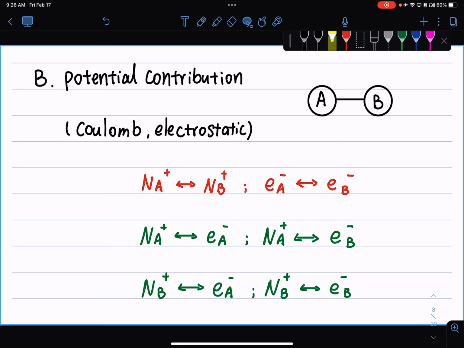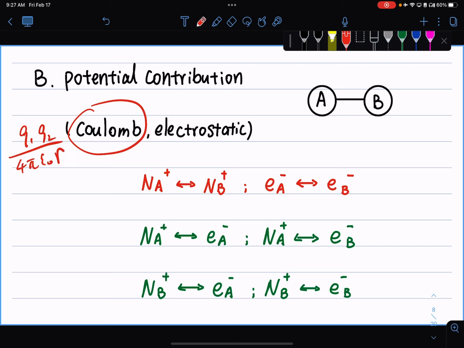Species with a different sign attract each other. So that's Coulomb's law. And if you don't remember, that's Q1 Q2 over 4 pi epsilon r. We saw that a long time ago, right? Q1 and Q2 are the charges of those species, and r is the distance between these charged species.